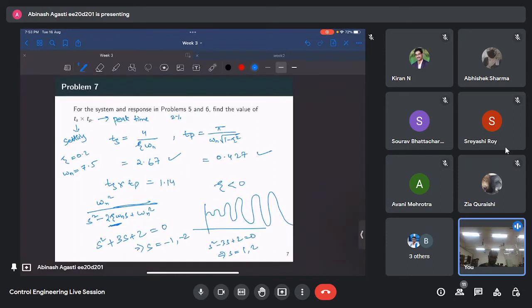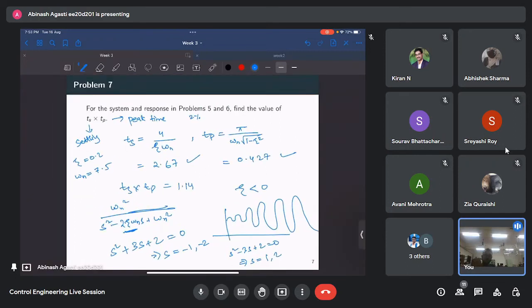So if I have a negative coefficient in a polynomial, then there will be at least one right half plane root. So due to that the system goes unstable if zeta is less than 0. Yes, unstable.